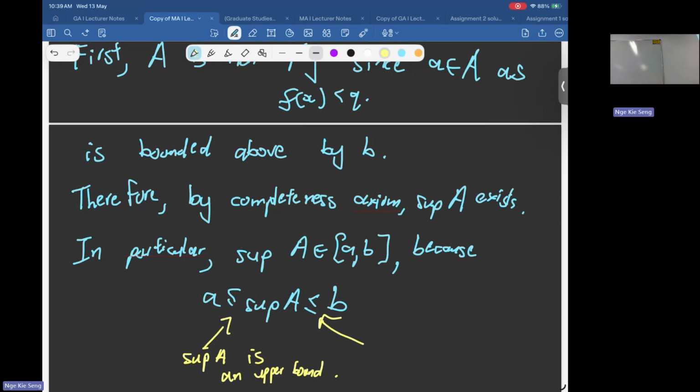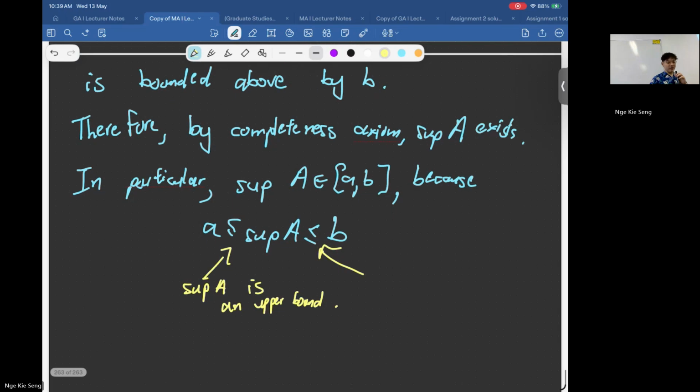Yeah, and then how do you compare sup A and b? Just now we said that it's bounded above by b, right? So b is an upper bound. But this is the least upper bound. I think you used this in your assignment too, right? So the least upper bound should be less than or equal to any upper bound, because sup A is a least upper bound.